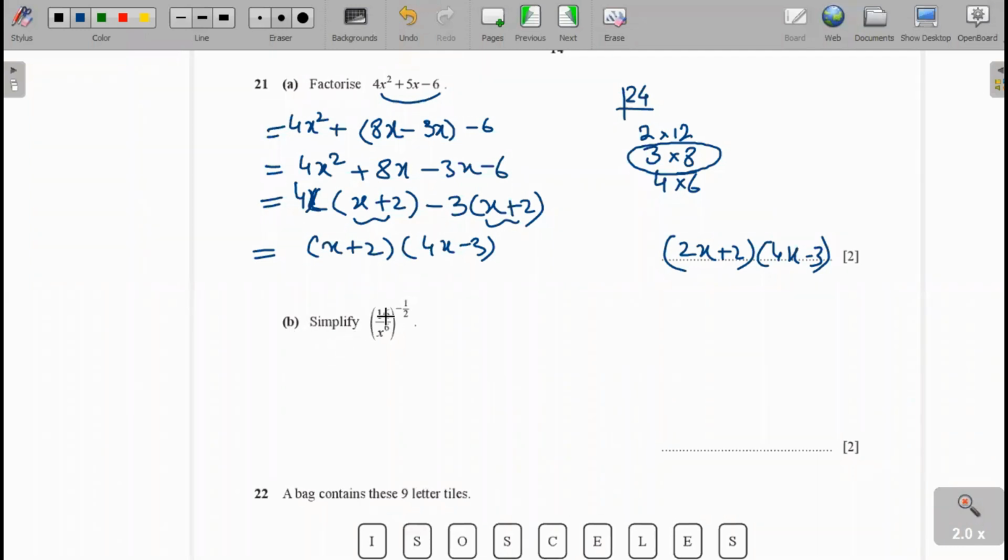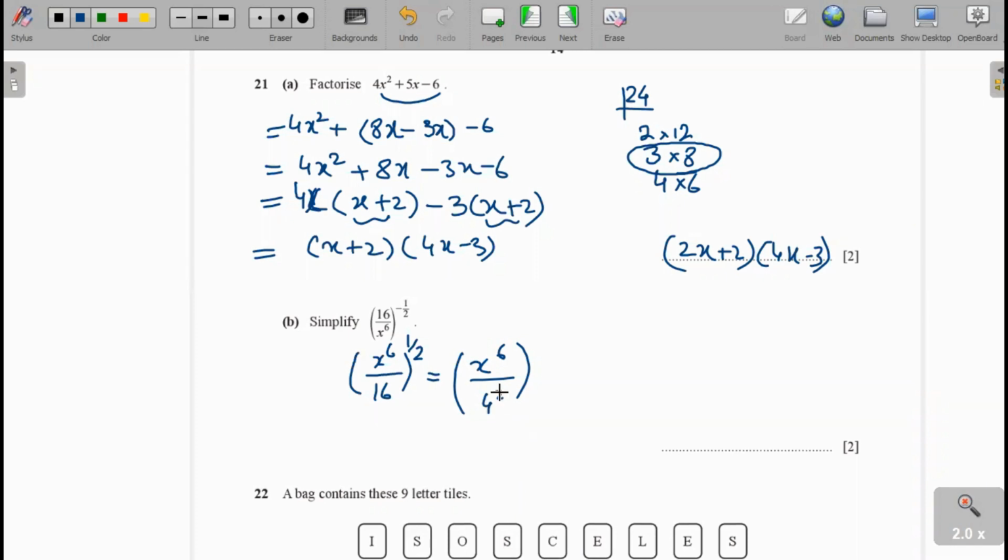Part B, simplify (16 over x to the power 6) whole power minus 1 over 2. We interchange the value, x power 6 over 16. The power of this value becomes positive. Now we can write x power 6, and we can write 4 squared is 16.